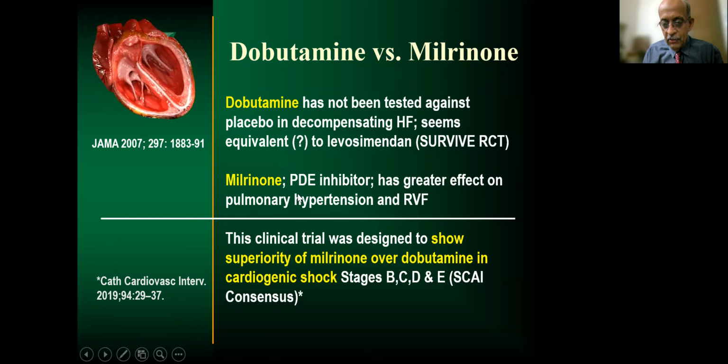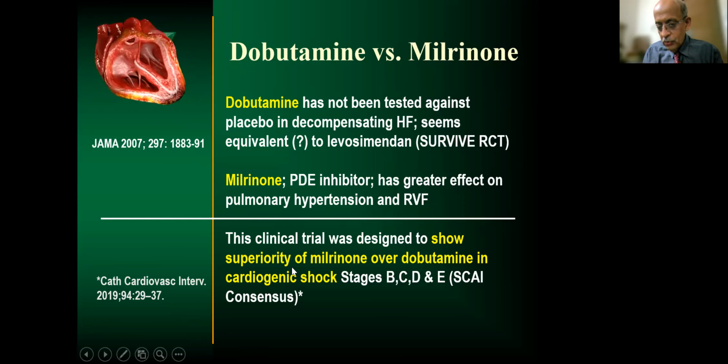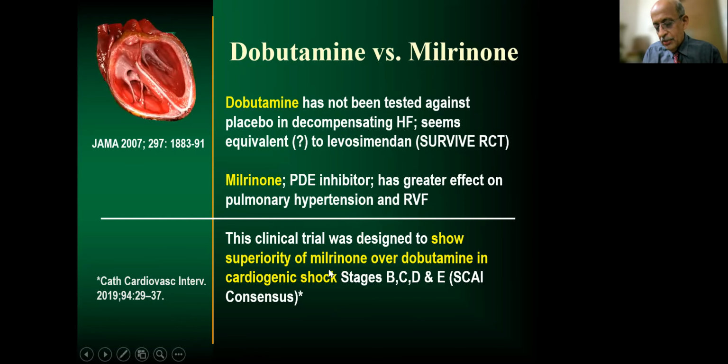Likewise, Milrinone, which is a PDE inhibitor, has a very strong effect on pulmonary hypertension and right ventricular failure, and may enhance cardiac function to a greater extent in patients with significant pulmonary hypertension in the face of cardiogenic shock. So this clinical trial was basically an attempt to show superiority of Milrinone over dobutamine in patients with cardiogenic shock.